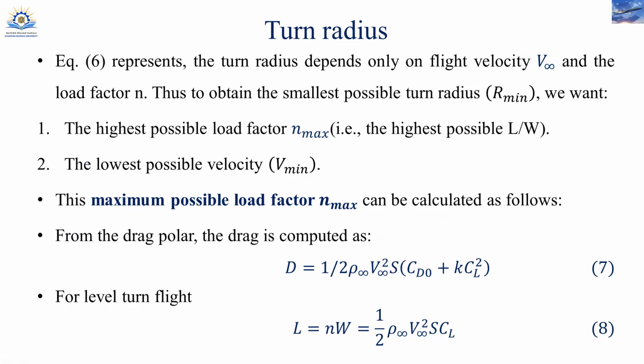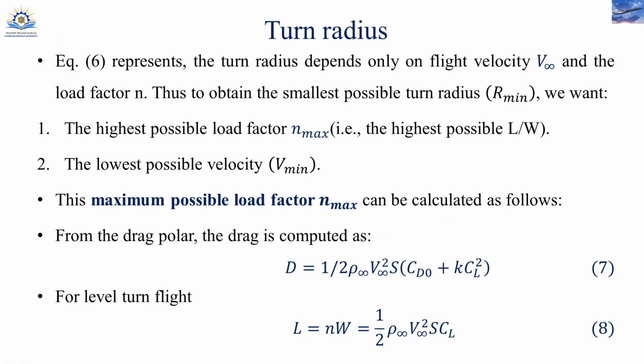So the maximum possible load factor, N max, is needed in this case. And how can we get it? From the drag polar equation, simply take the drag equation, and for level turning flight, L is equal to N times W. Now, in our previous case, in steady level flight, L is equal to W only, right?